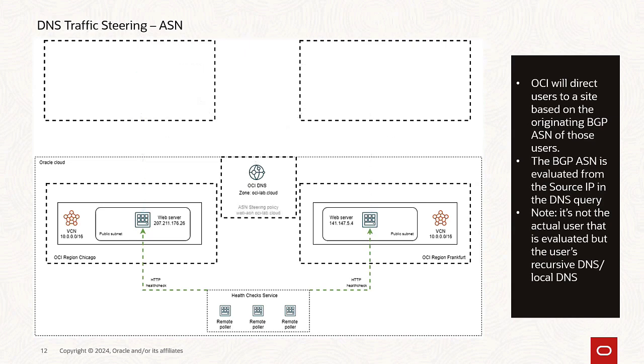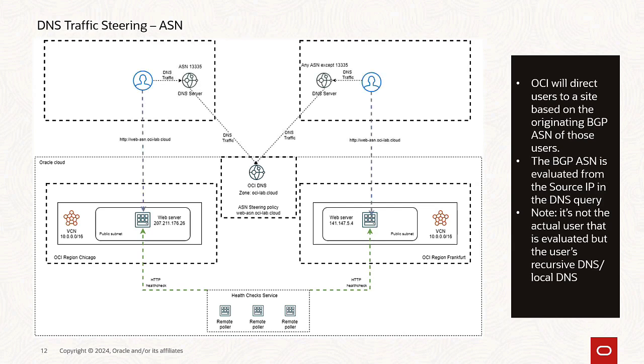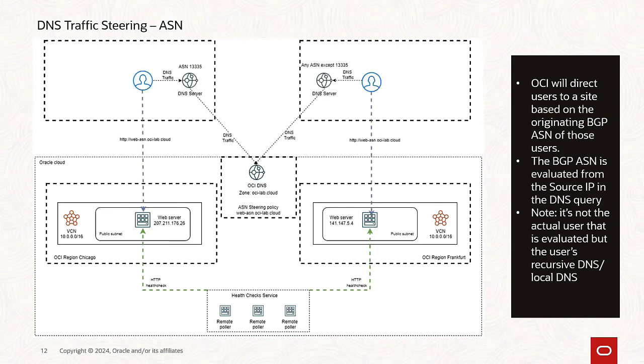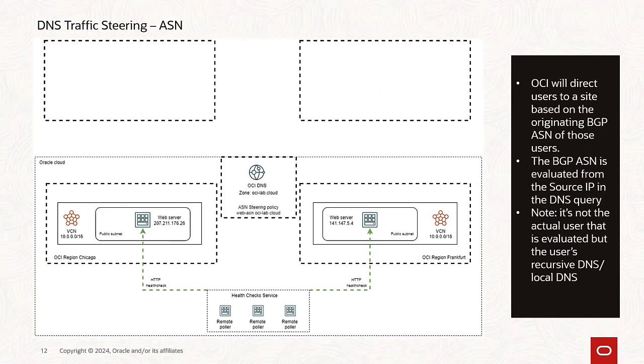It's Cloudflare's 1.1.1.1 DNS server. So if a user has configured Cloudflare as its recursive server, then that user will be directed to Chicago. Any other user in this world, as you see on the right side, they are outside of Cloudflare, they will be directed to Frankfurt.